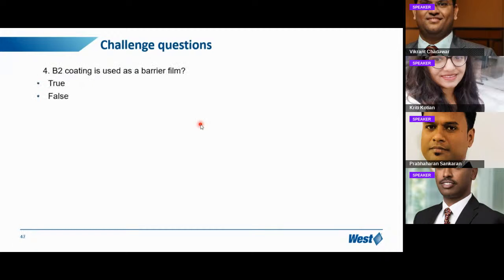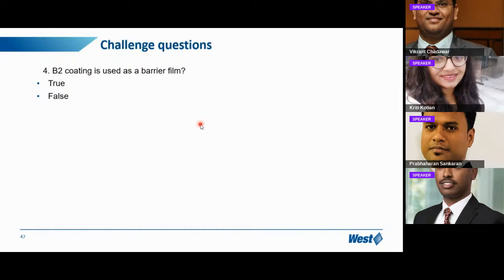Moving to the fourth question: a B2 coating is used as a barrier film. True or false? Most of them replied true.